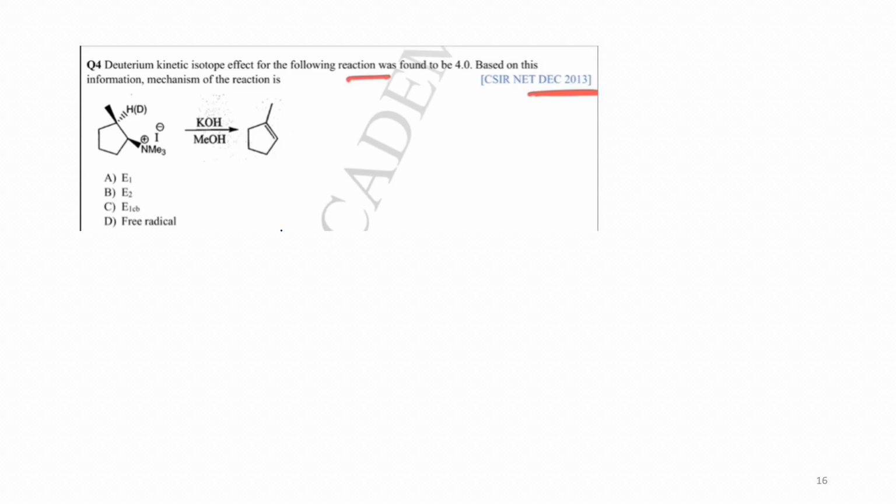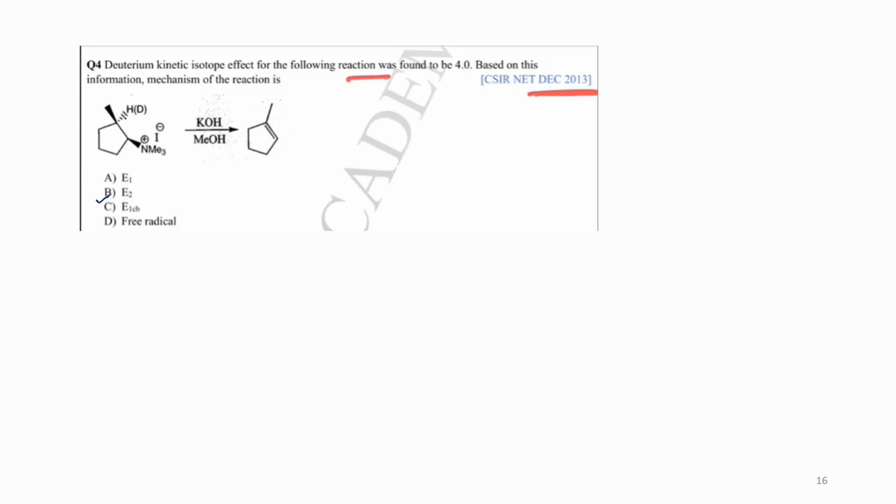As you have known, I have discussed just some slides before that if it is E1, there will be no kinetic isotope effect. If it is E1cB, there will be no kinetic isotope effect, and there is no such chance of free radical formation. There is no such case possible here. So the only option available is E2.